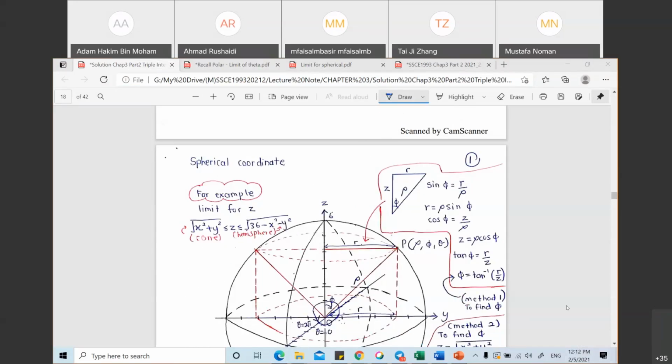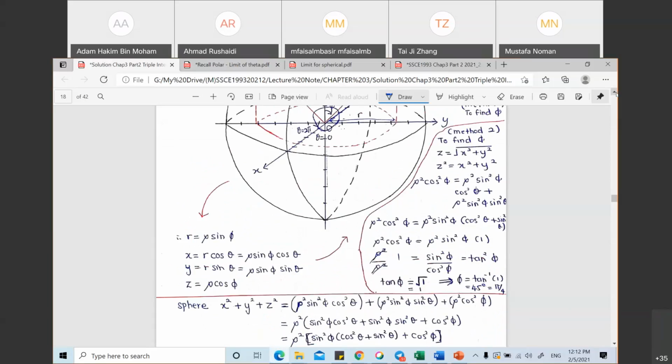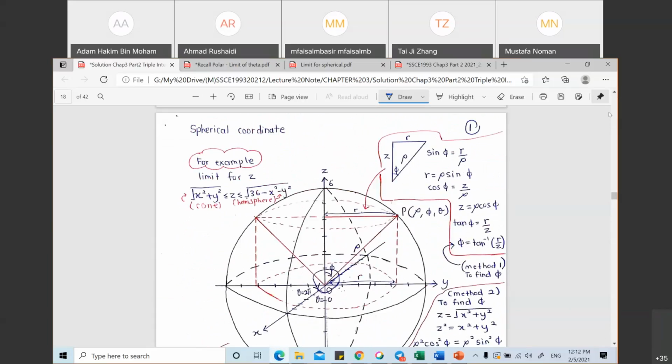Okay, spherical coordinate is a little bit different from the cylindrical coordinate.